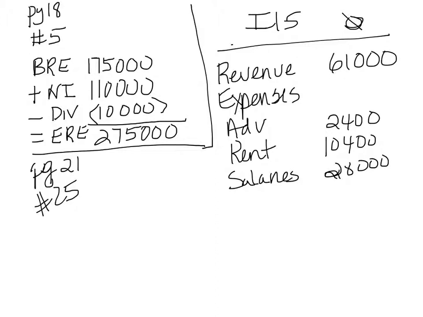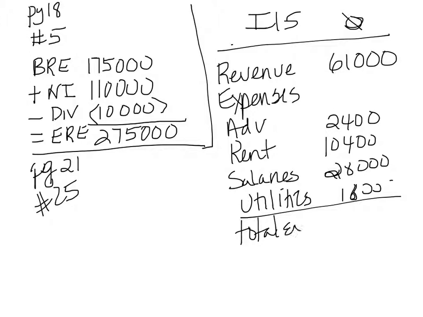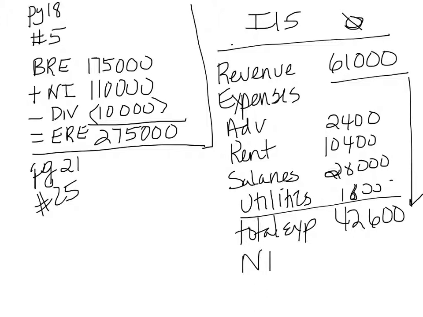We have utilities of $1,800. And if we add those up, we get total expenses of $42,600. Revenue minus expenses gives us net income of $18,400.